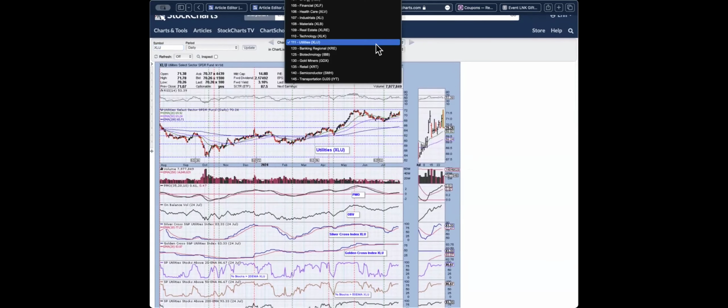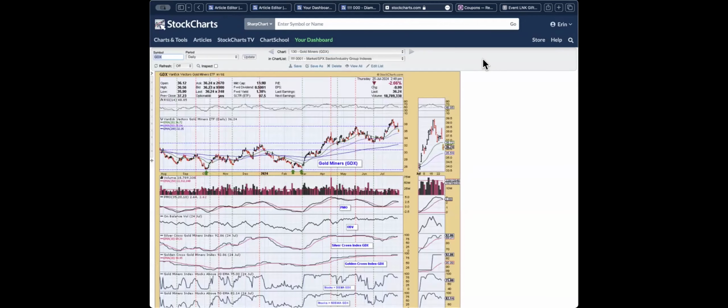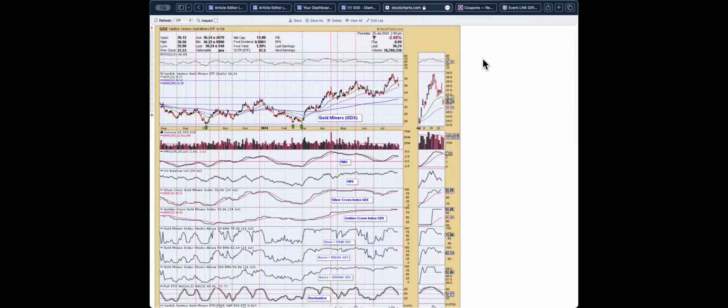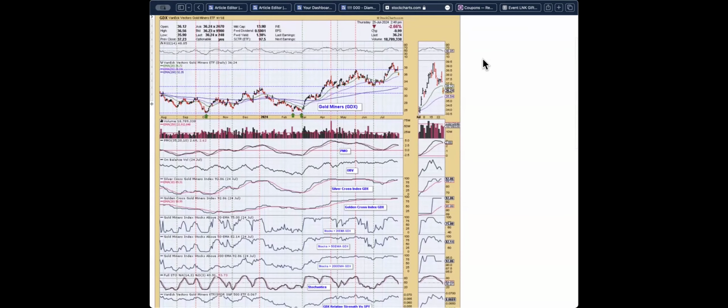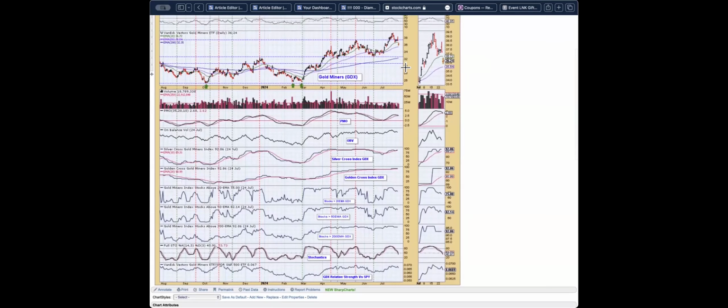These are all of the industry groups we cover. I don't have time to go through them. I will look at gold miners. A lot of people are interested in gold miners, especially now. They were trying to hold support. We lost it today in a big way. We were already seeing the problems here. Silver Cross Index was still holding and still is holding at a very high level.